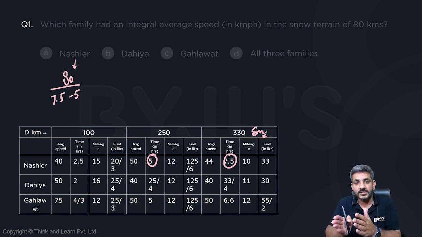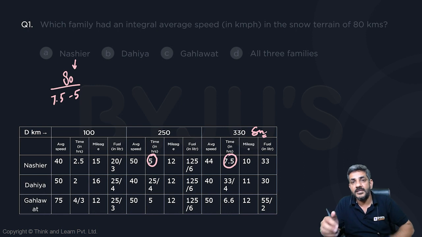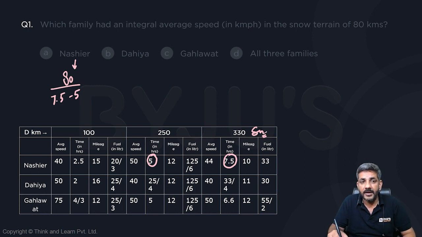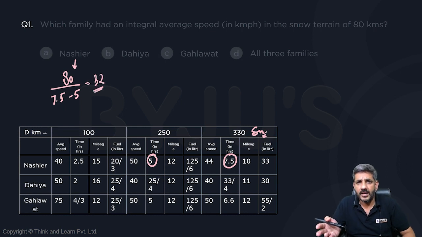So 7.5 minus 5 is the time taken for the last 80. 80 by 2.5, if I divide by 5 by 2, gives me 32 kilometers per hour, which is an integer, right? So the Nesher family has an integral average speed in the snow terrain.